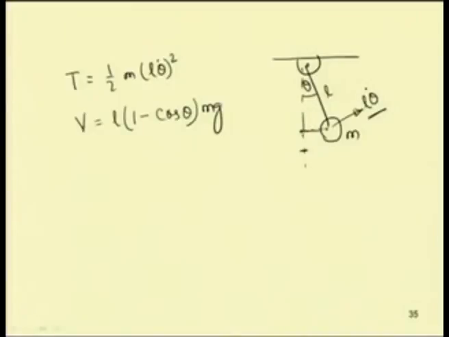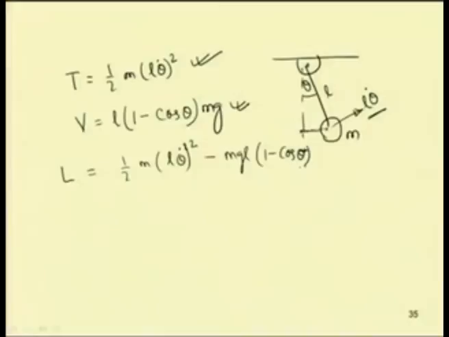So this is the kinetic energy of the system, and this is the potential energy of the system. The Lagrangian of the system can be written as half m L theta dot whole square minus m g L into 1 minus cos theta.